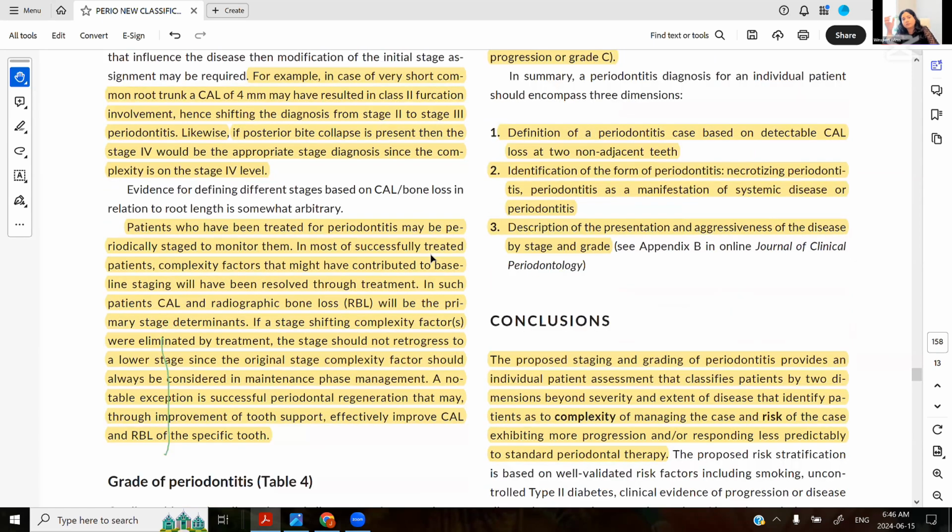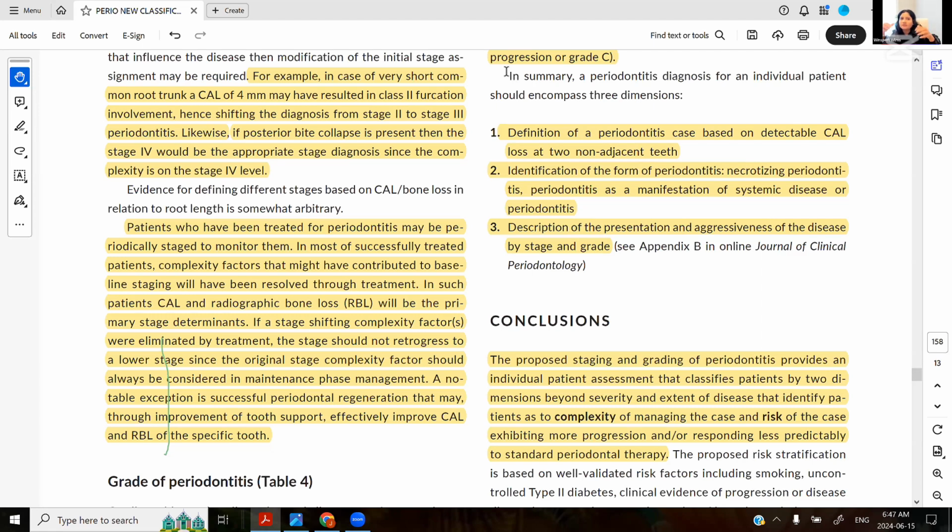For example, in case of a very short common root trunk, where an attachment loss of 4 mm may have resulted in a class 2 furcation, right? So this is your attachment loss of 4 mm, which is your stage 2, is that correct? But it was a short root.